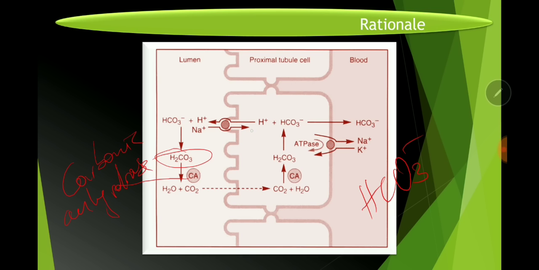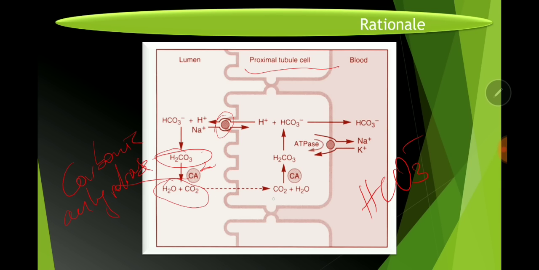the cells of the proximal tubule, and this carbonic anhydrase is going to convert the carbonic acid here and break it down to water and carbon dioxide.